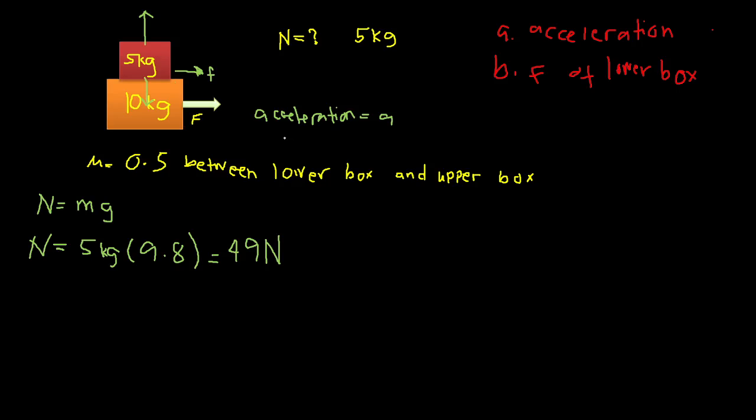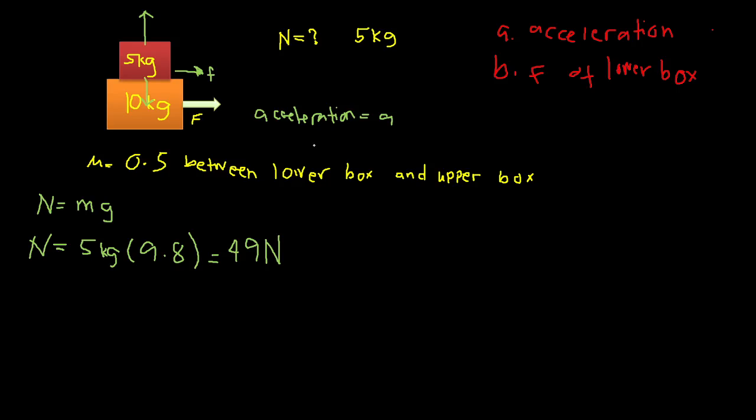So yung lower box natin is pulled by force F. Ayan. Ito si force F natin and it's moving at an acceleration A. The upper box tends not to move as per Newton's law. All objects like to be static unless acted upon by an external force.